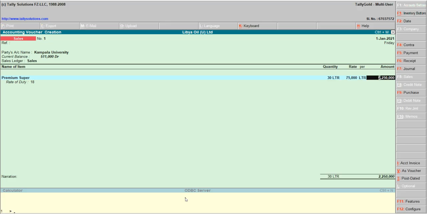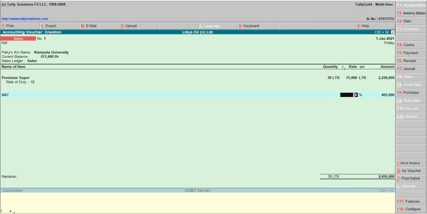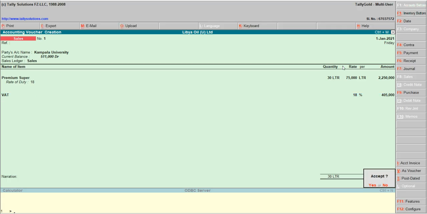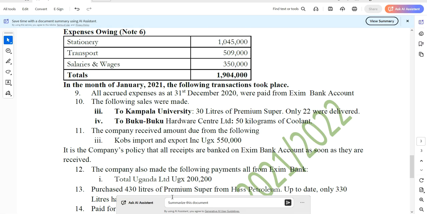Enter, the selling price will come. Then you have to put the VAT as well. Rate is 18% for VAT. So enter. So that is one.